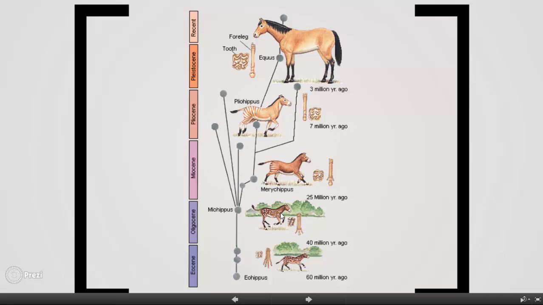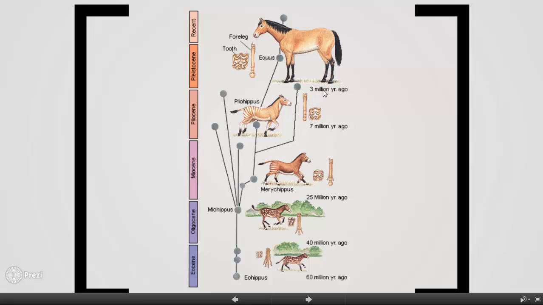Looks like it got a little bit bigger, but it's still a horse-like animal. 25 million years ago, we got the Merychippus, a longer, bigger animal, similar tooth, similar foreleg. 7 million years ago, we had the Pliohippus, another horse-like animal with a similar tooth and a similar foreleg.